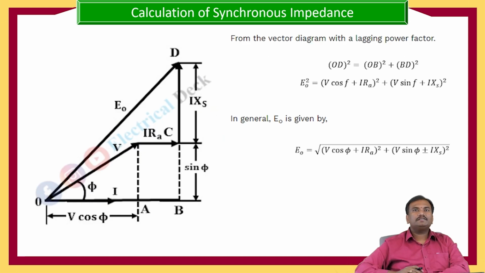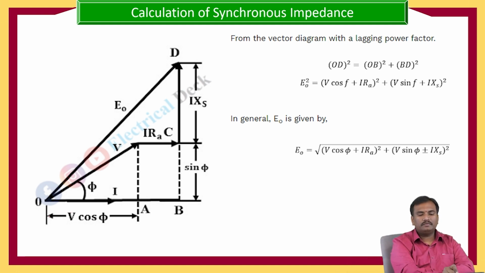And here is the phasor diagram with which we are going to calculate the no load voltage. Here V is the voltage being generated, with a phase angle phi between it and the current, and this value is nothing but V cos phi.